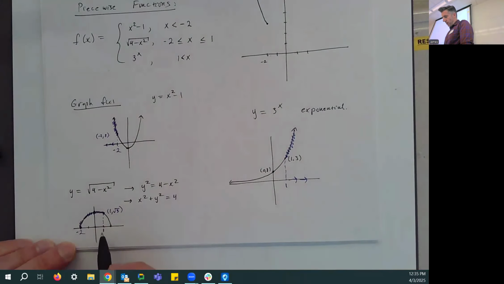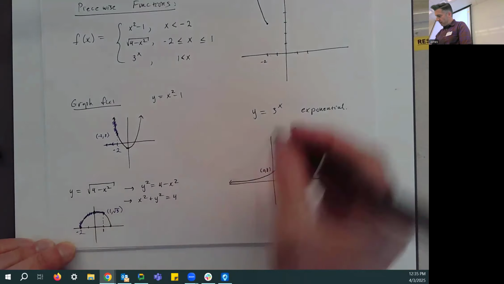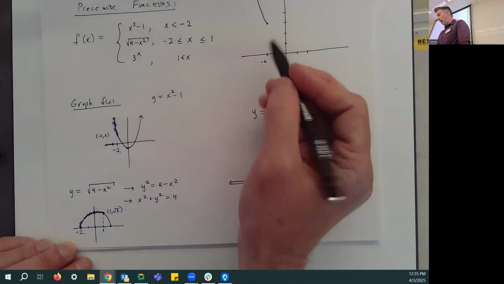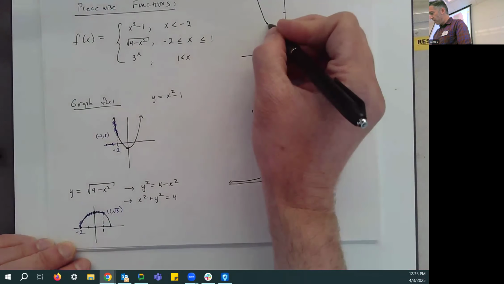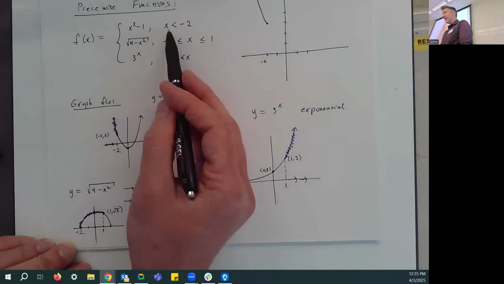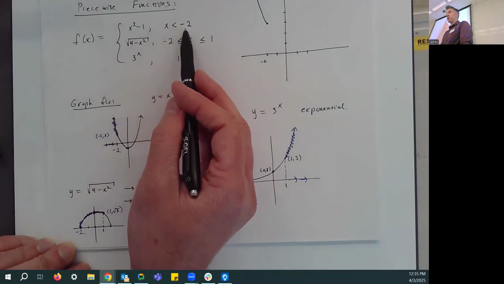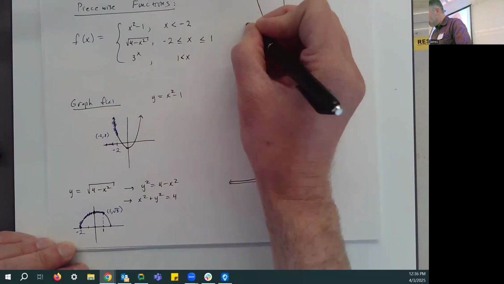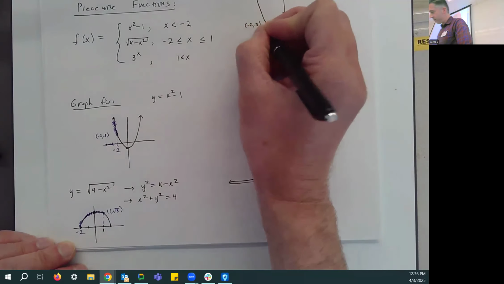Then for this middle part, we want everything from -2 to 1. I made a small mistake. I should not have filled in this circle here, because we want this portion of the graph when x is less than -2, meaning it doesn't actually get to -2. So that should actually be an open point right there at -2, 3.